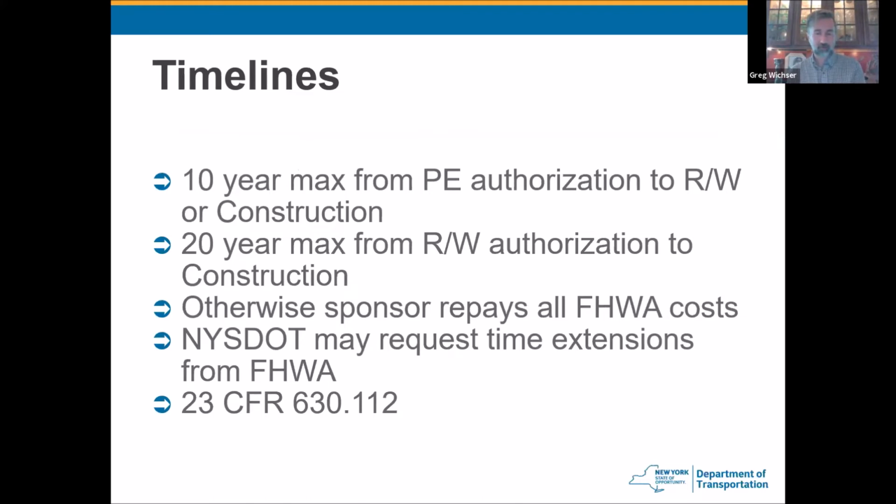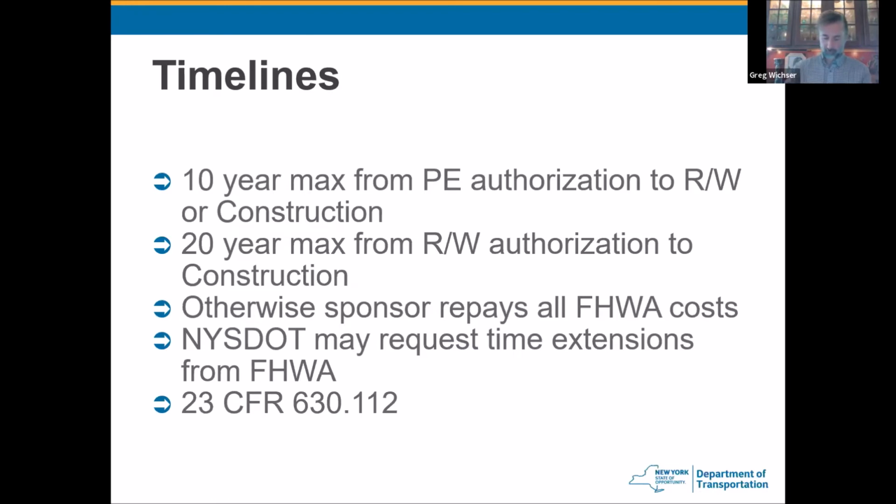These are the two thresholds that FHWA sets, and they seem really long, but every now and then a project runs into generally an environmental mitigation issue that causes it to languish and hit this 10-year clock. This is where a sponsor could be asked to repay all the design costs incurred up to that point in time. And then there are reasons for extensions, but there's a process to apply for extensions from the FHWA, but it's never a guarantee.